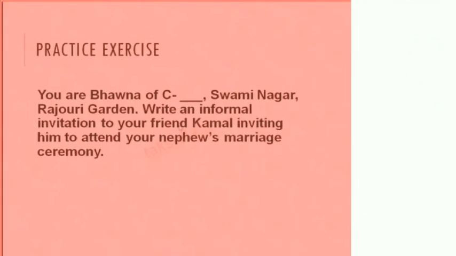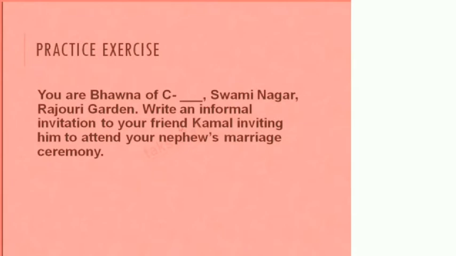Let's understand this concept with more practice exercises. In front of you there is one more question, so let me read it out. You are Bhavna of C-dash, and here any locality or area can be mentioned, Swaminagar, Rajouri Garden.